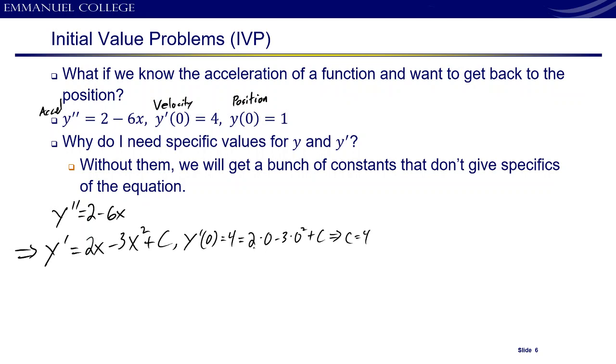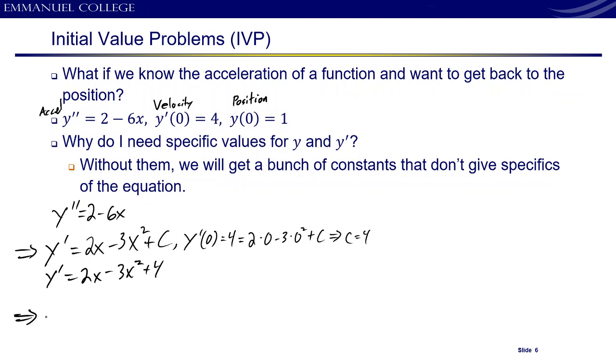If this had been, say, y prime of 0 was 1, you would have just done 2 times 1 minus 3 times 1 squared, and then just solved for c. It would work out and give you the constant that you're after. So I've got y prime is equal to 2x minus 3x squared plus 4.